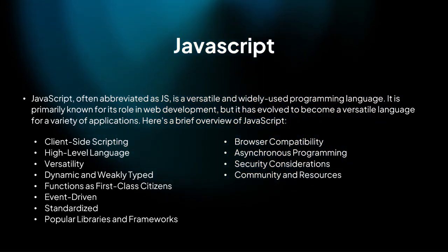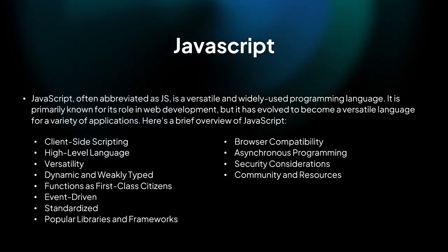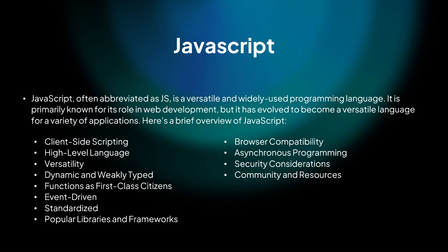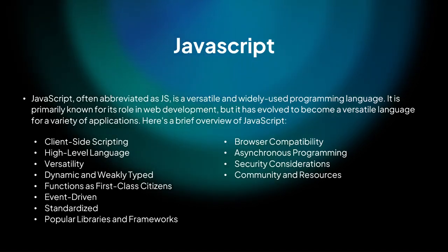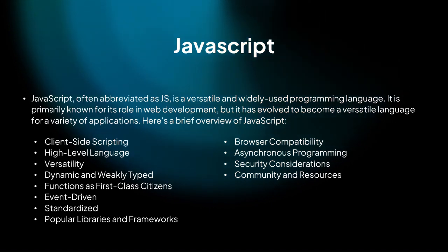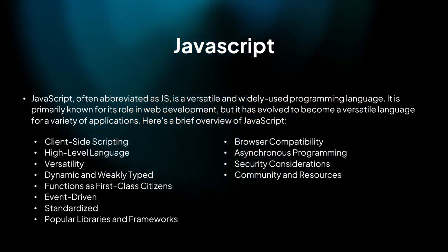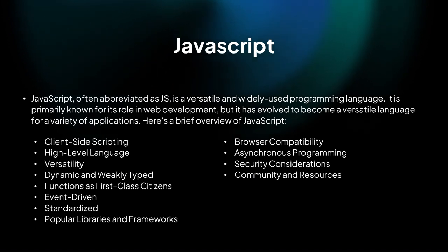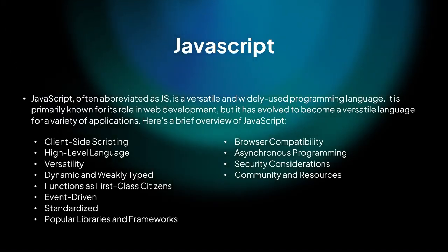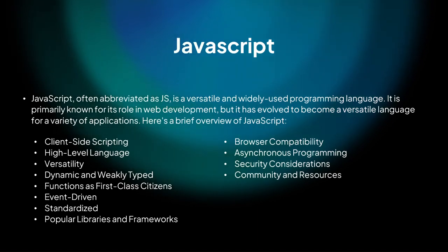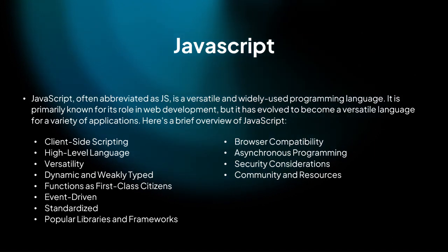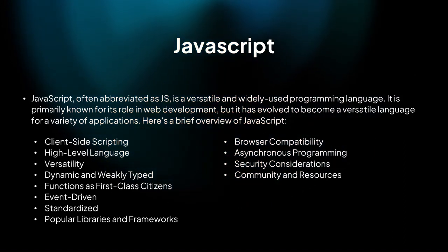It is a widely used programming language, very important, and primarily known for its role in web development, but it has evolved to become a very versatile language. There is also a framework called Node.js which we have used in this project, which is essentially just JavaScript taken out of the browser, and it runs on Windows.